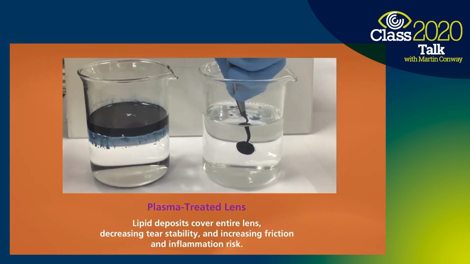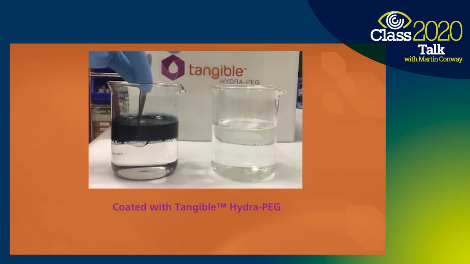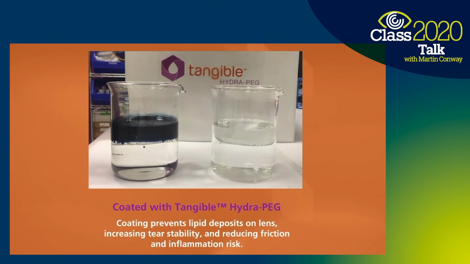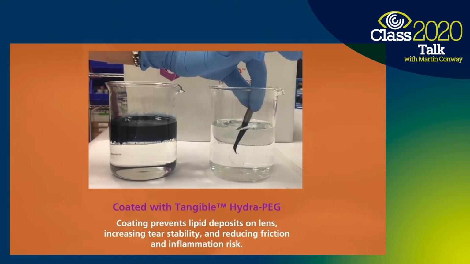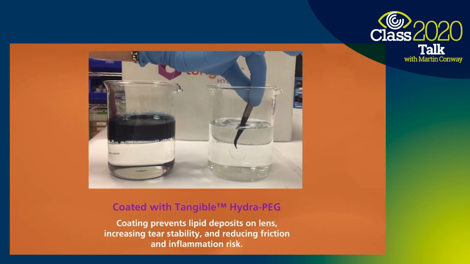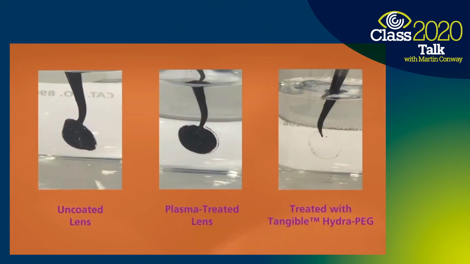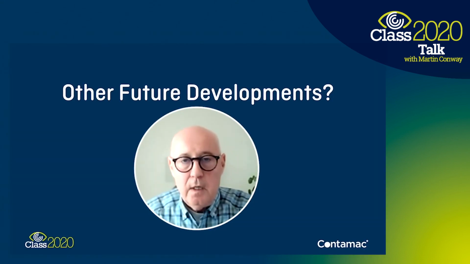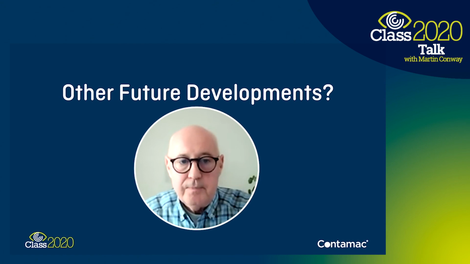You can see virtually no difference, and the HydroPEG treated lens dipped first into the lipid, and you can see hardly any lipid adhering to the surface of the lens. These types of products are going to make significant differences to the way compromised corneas in particular can wear scleral lenses in the future. Other developments are going to come in the field of topographical information.